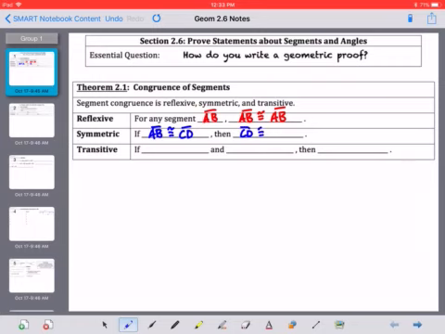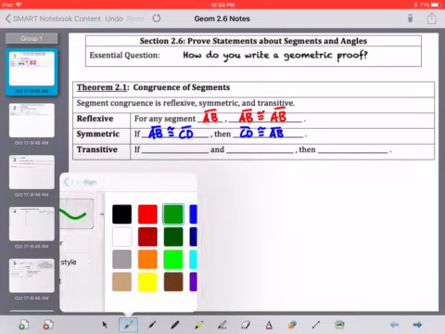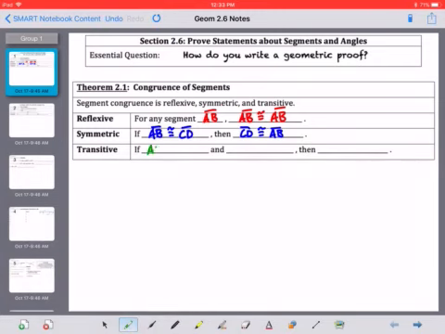You can say segment CD is congruent to segment AB. And then the transitive property also works for segments. So say segment AB is congruent to some segment CD, and segment CD is congruent to a third segment, segment EF. Remember, we can cut out the middleman and say segment AB is congruent to segment EF. We might have actually had that same exact property in section 2.5.